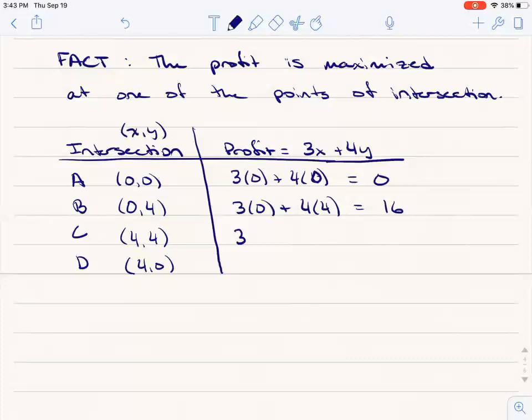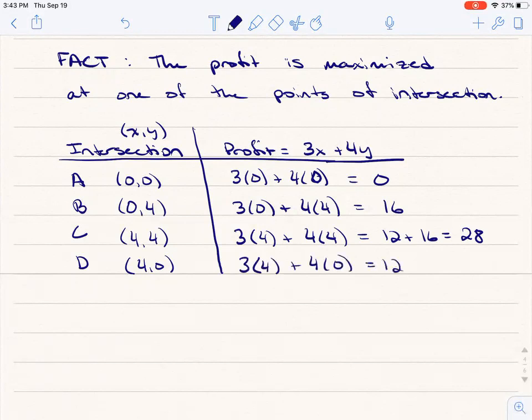But let's try it. 3 times 4 plus 4 times 4 is 12 plus 16, 28. It is. And then 3 times 4 plus 4 times 0 is 12.